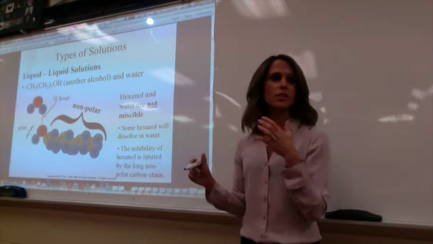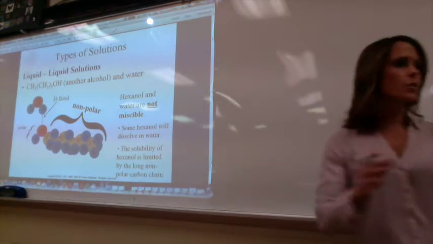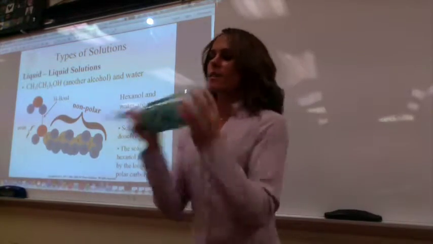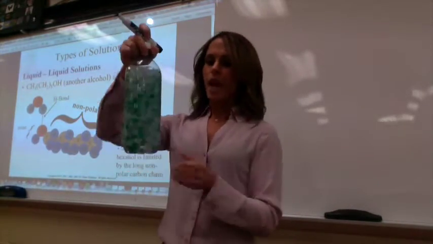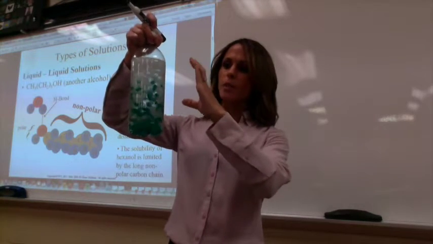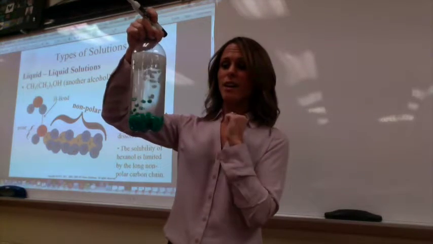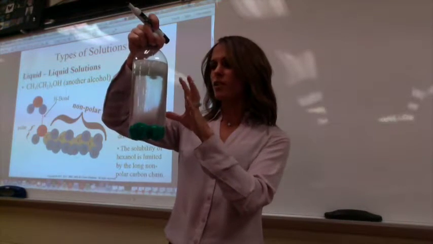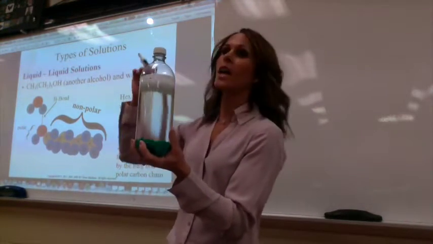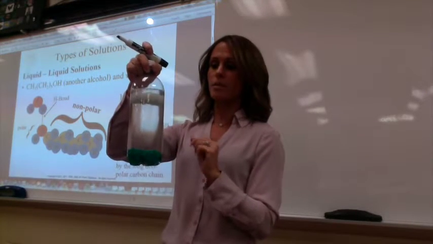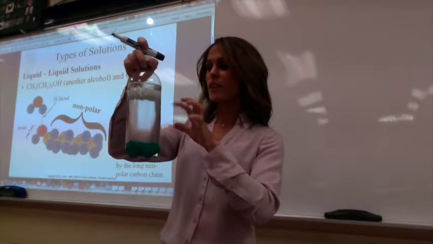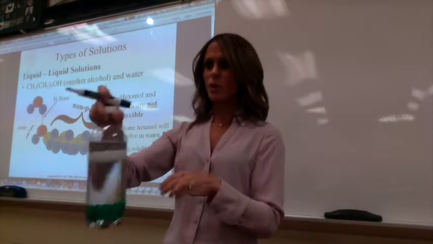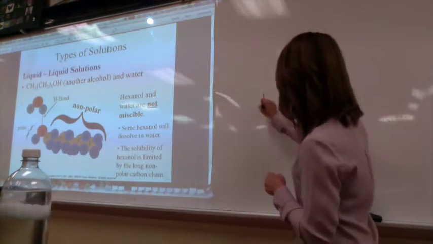And you will actually see, this is sort of a good example of it. If I shake this up, you can literally see, once it separates, it's cloudy. Can you see that? It's not clear anymore, and it's sort of this murky little area. That happens all the time when you mix a polar and a nonpolar substance together. They're trying to fight their way apart, and because they're not miscible, you see that murkiness.